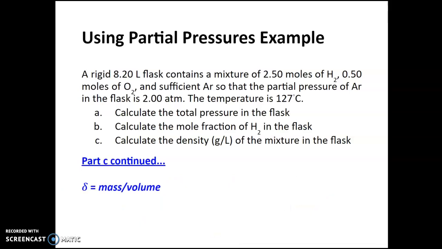Density is mass divided by volume, and that funny looking squiggle, sort of D-like character, is delta, lowercase delta, which stands for density. So I'm just going to add all the masses together and divide by the volume they occupy, and that gives me a density of 5 grams per liter, right?